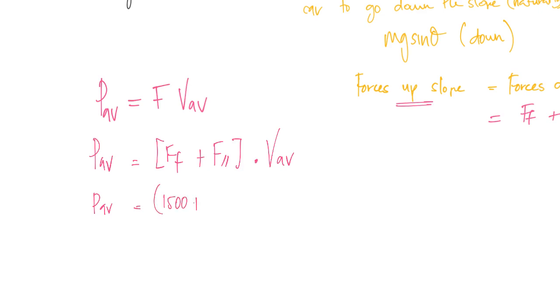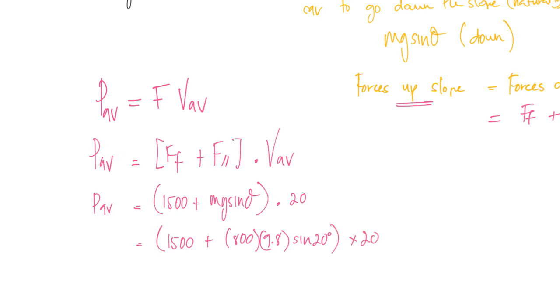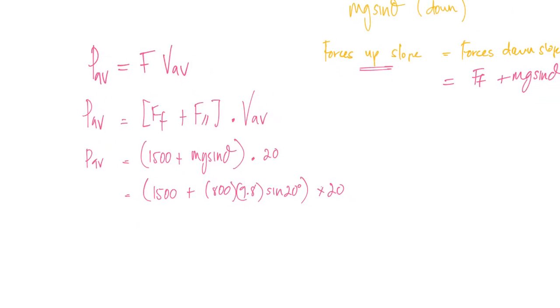So now I'm left with 1,500 plus mg sine theta multiplied by 20. So I've got 1,500 plus 800 times 9.8 times sine 20 degrees. Those are my two downward forces. Times 20, which is my average velocity.